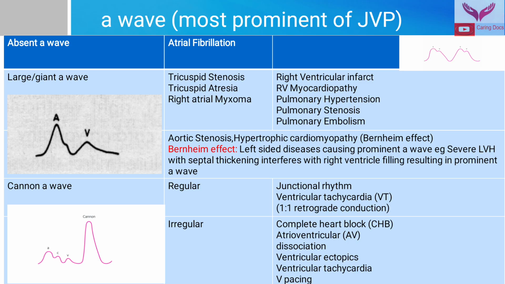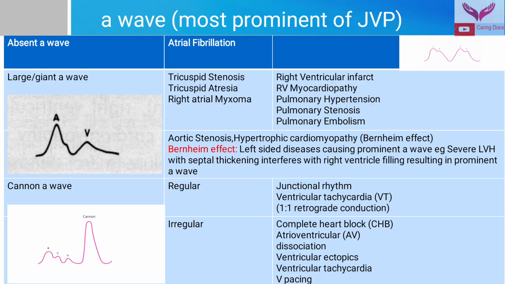Coming to various abnormalities of the JVP, initially there are absent A waves in the JVP, a condition seen in atrial fibrillation. Large or giant A waves are seen in tricuspid stenosis, tricuspid atresia, right atrial myxoma, right ventricular infarct, right ventricular myocardiopathy, pulmonary hypertension, pulmonary stenosis, and pulmonary embolism.